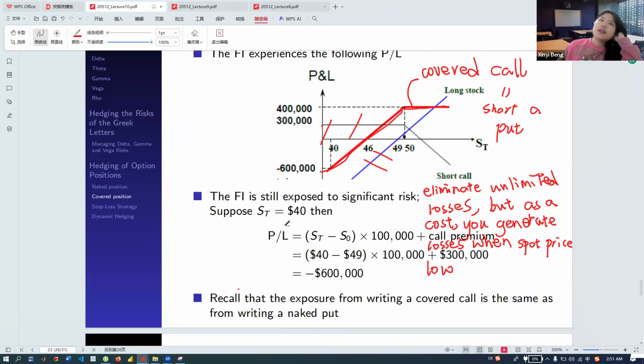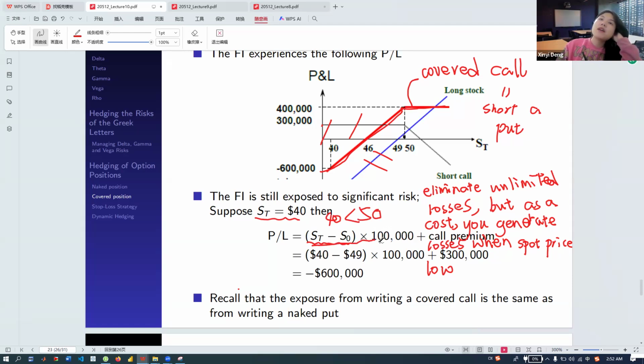low. So here the spot price at maturity is assumed to be 40. Therefore, the profit and losses would be calculated as (ST minus S0) times the number of shares, plus the call premium. Remember that we're shorting a call, and when the stock price is lower than the strike, 40 is smaller than 50, so we simply don't have execution of the option.